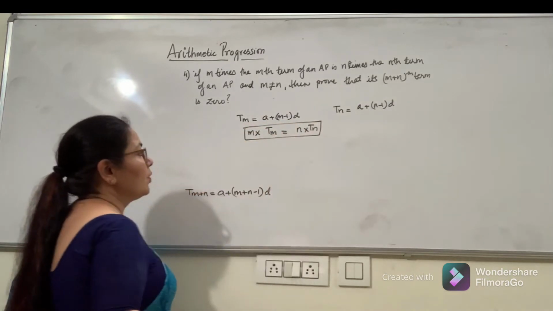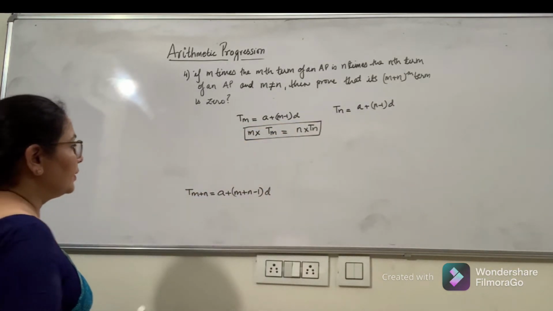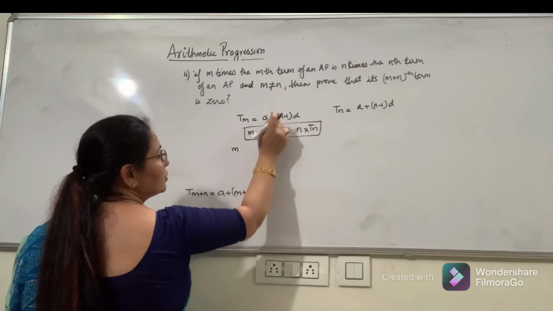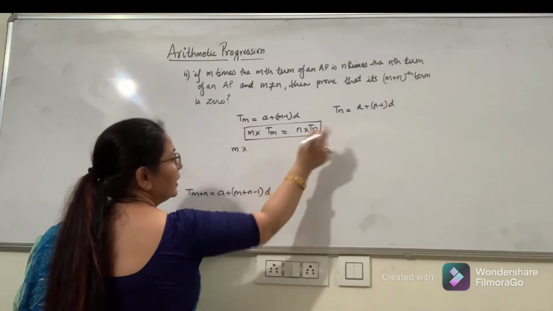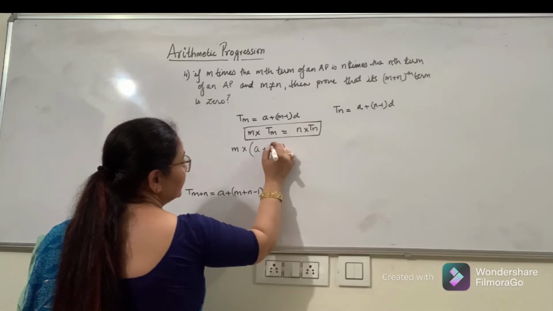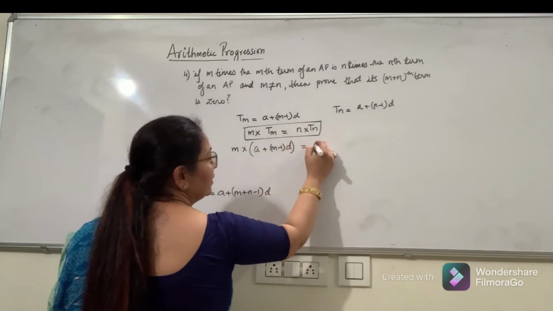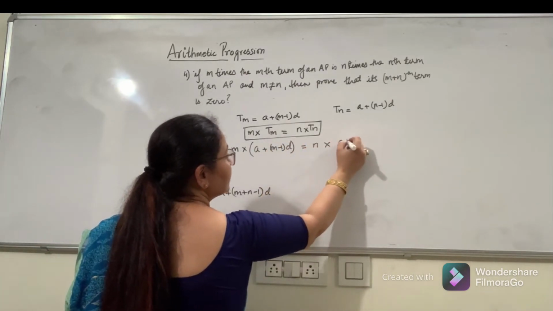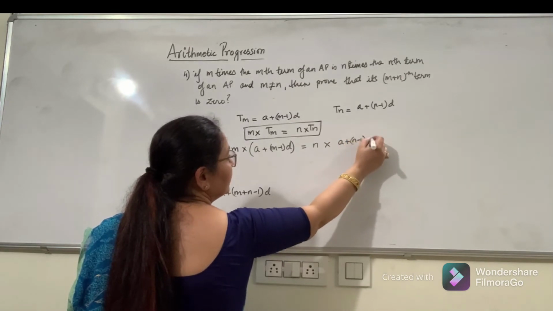Putting the values of this Tm and Tn in this: m into (A plus (m minus 1)D) equals n into (A plus (n minus 1)D).